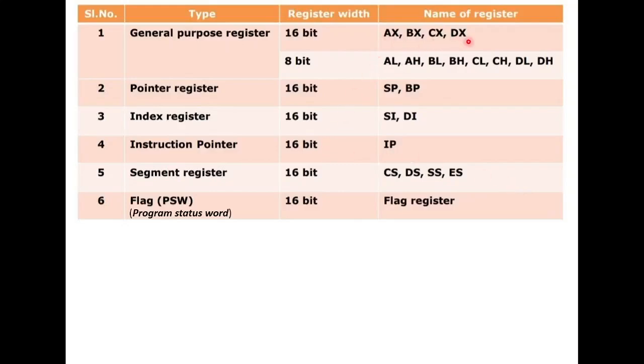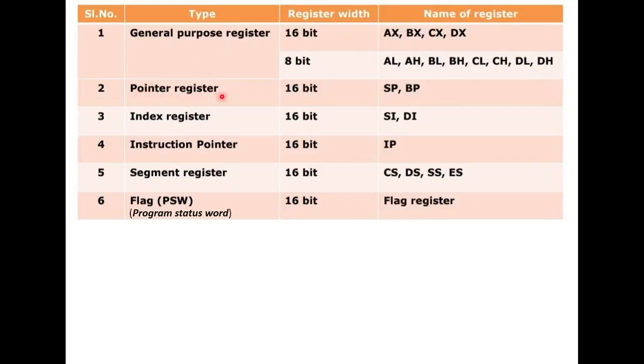These four registers can also be represented with two 8-bit registers each. AX can be represented as AL and AH, BX as BL and BH, CX as CL and CH, and DX as the combination of DL and DH. So these registers we will use for 8-bit operations, and the full registers we will use for 16-bit operations.